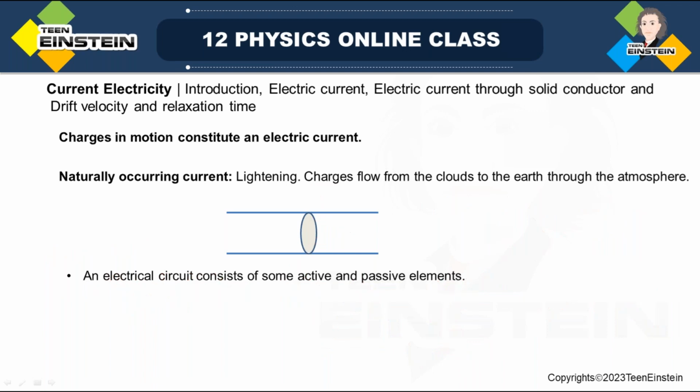So let us see an electric circuit. An electric circuit consists of active and passive elements. So what are active elements? Active elements are those elements which supply energy to the circuit.